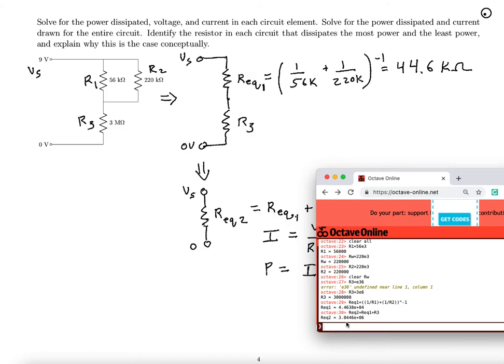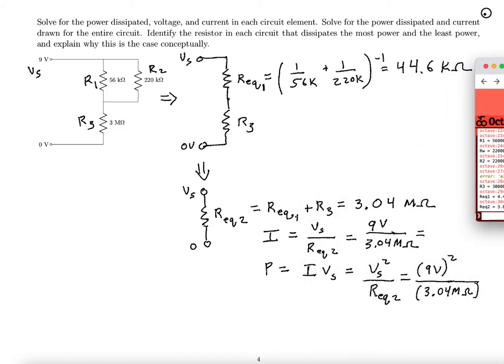Let's put Vs in the calculator. Sorry, I covered that up.